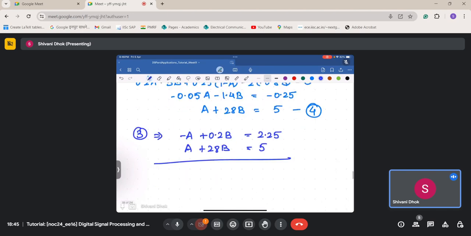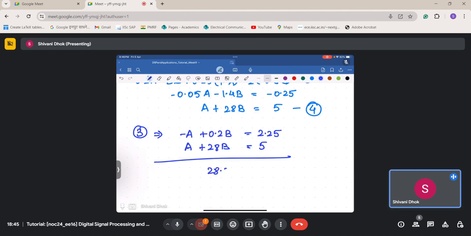So if we add this, we have 28.2b is equal to 7.25, which gives us b as 0.257.